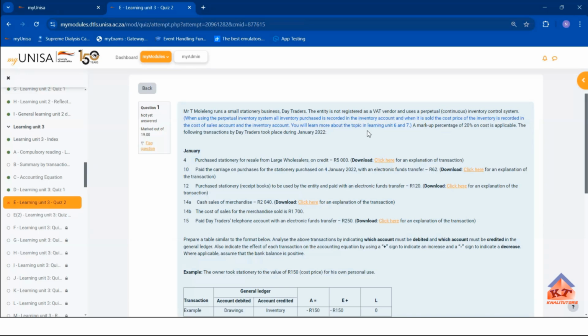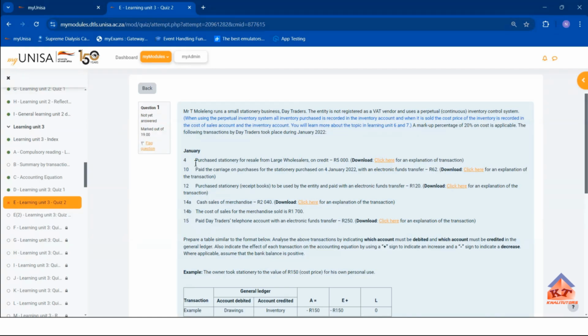You will learn more about the topic in learning unit 6 and 7. A markup percentage of 20% on cost is applicable. The following transactions by Day Traders took place during January 2022. Now that we have read the instructions, let us try to complete the table.